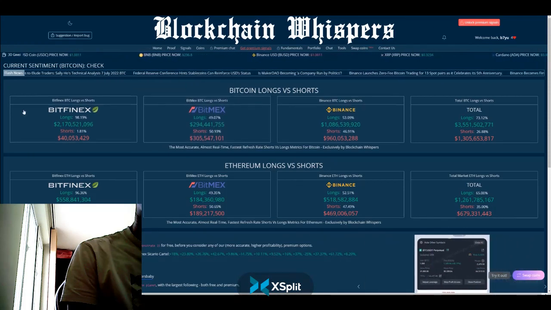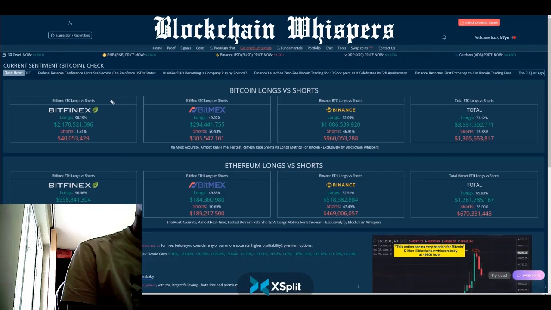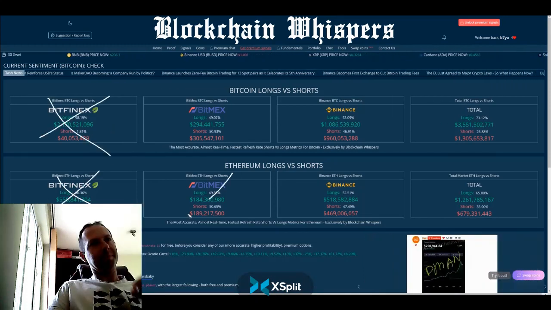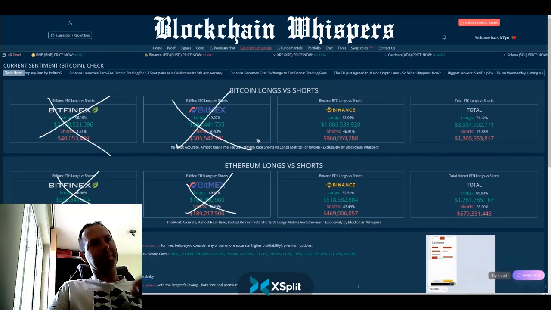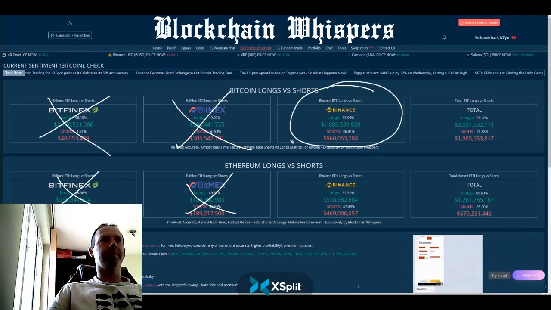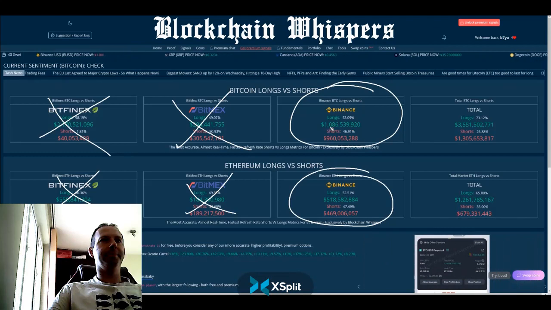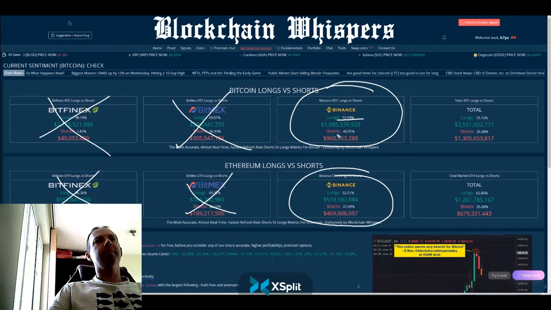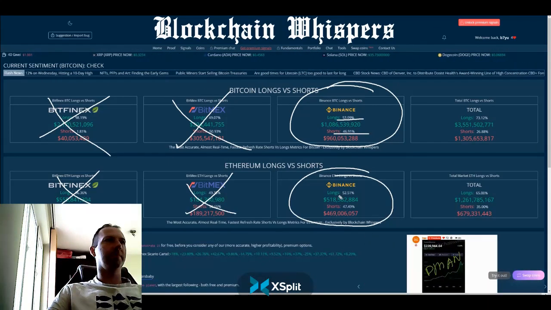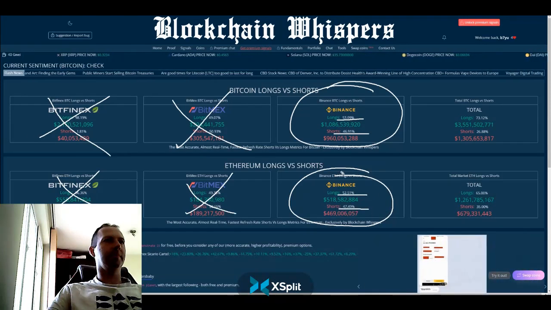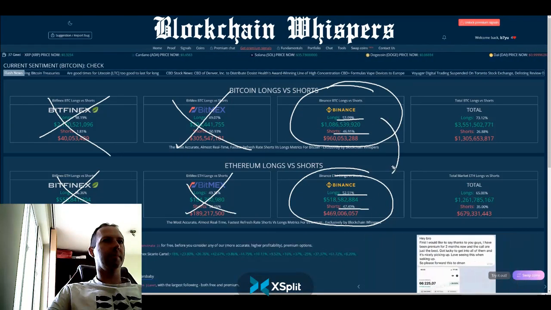Okay, so if we check here, for example, Bitfinex, we don't care about Bitfinex, but we care about Binance, Ethereum, and Bitcoin. Longs 53%, shorts 47, even here almost exactly the same. Looks very healthy, to be honest.